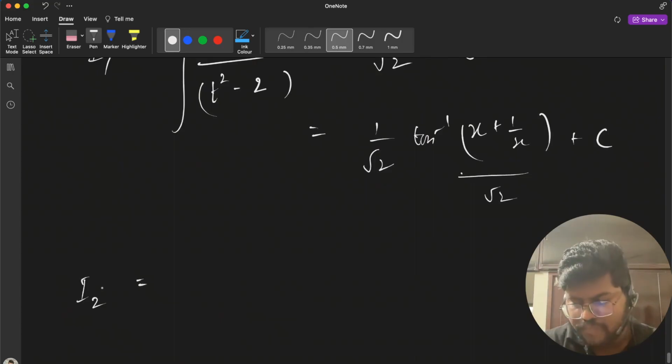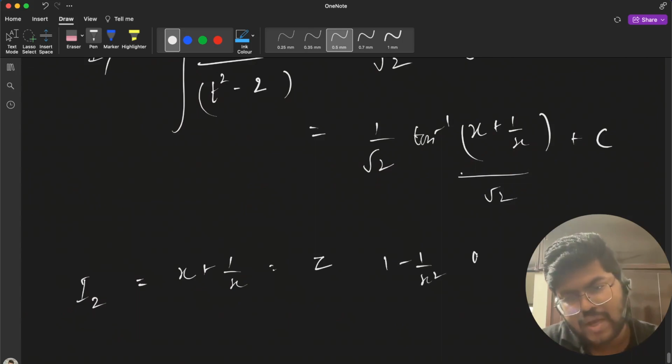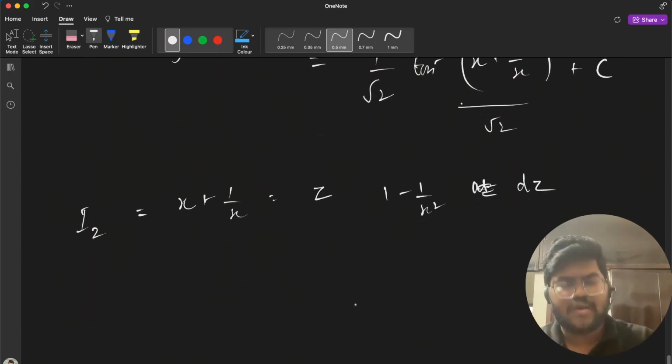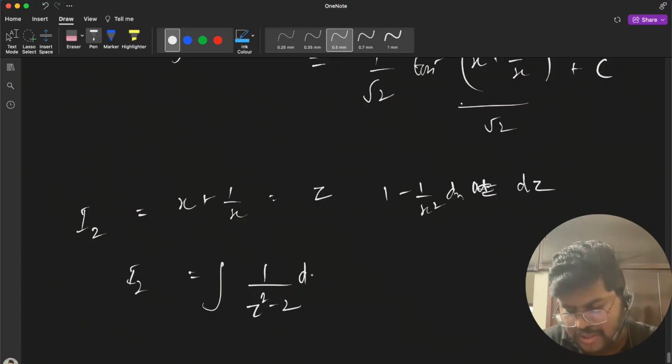Similarly for I2, assume x plus 1 upon x as z. Therefore 1 minus 1 upon x square dx is dz. So I2 would become integration of 1 upon z square minus 2 dz.